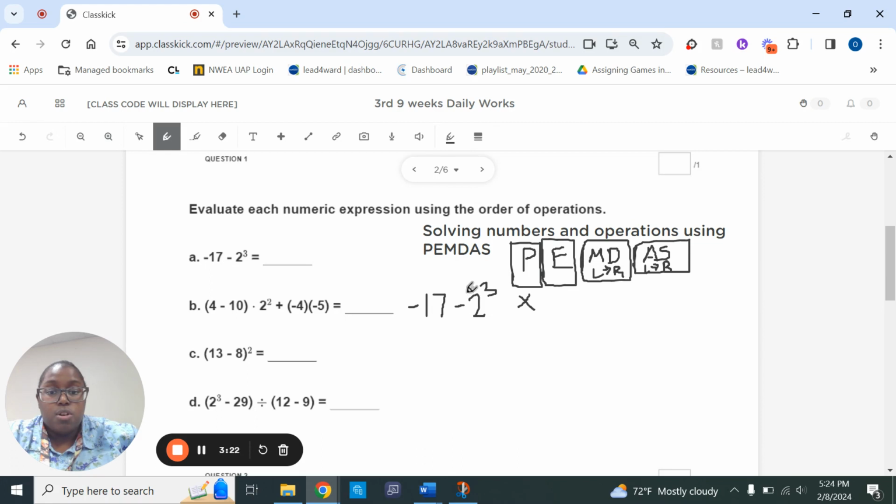So I need to solve this first. So 2 cubed is 2 times 2 times 2. 2 times 2 is 4, times 2 is 8.